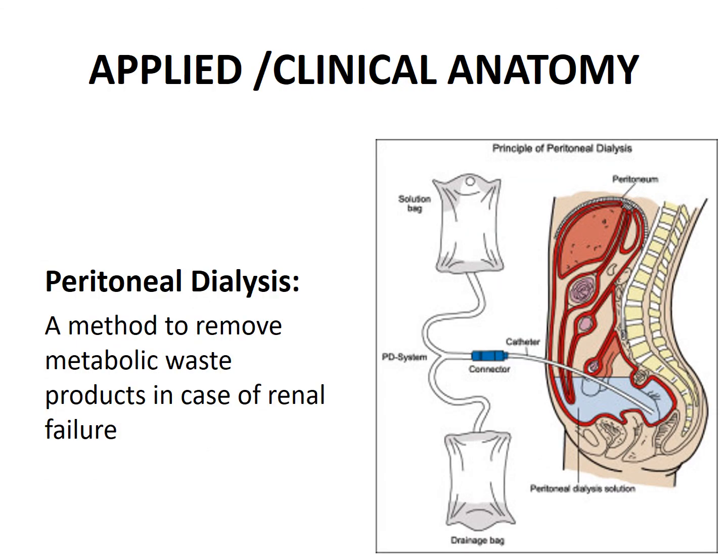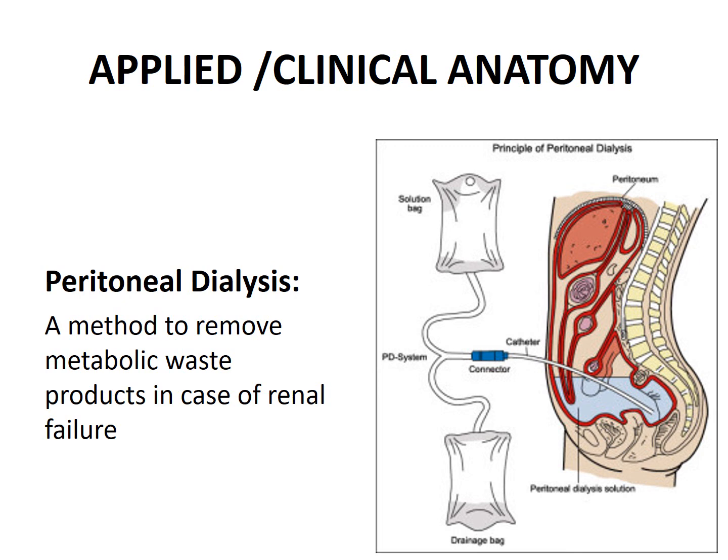Then the peritoneum is also useful in certain treatments, especially in case of renal failure. It is used as a method for the removal of waste material, because once the kidneys have failed, they are not able to remove the waste from the body.